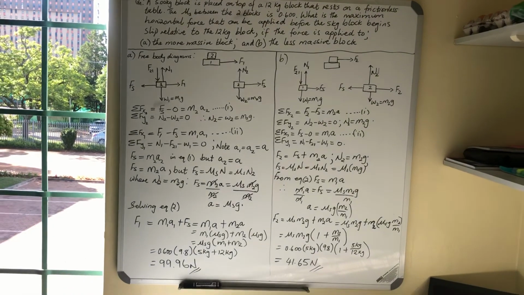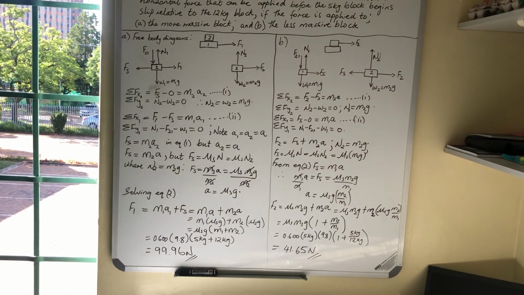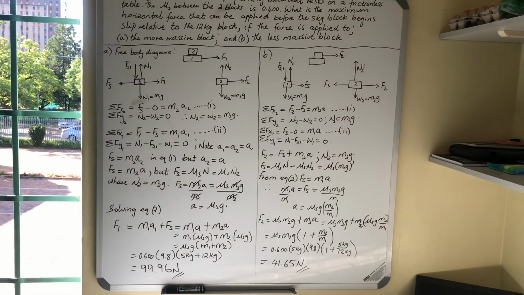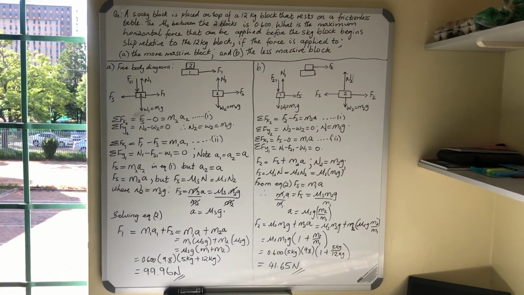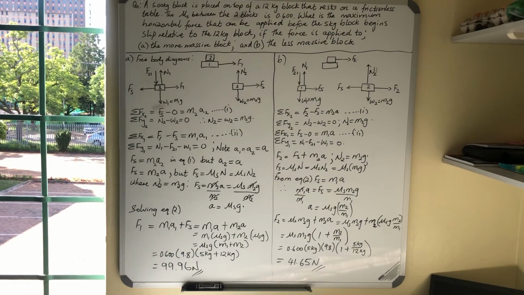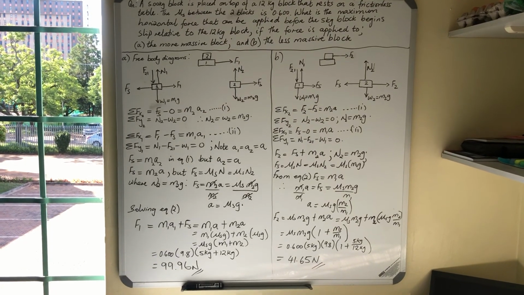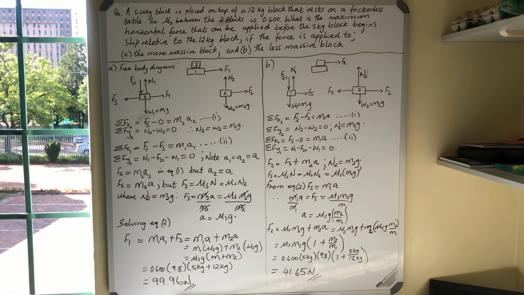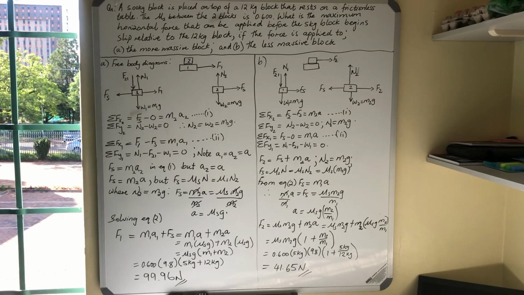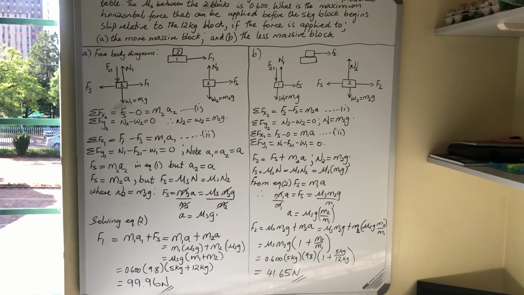But I hope you have gotten the idea. I hope you have gotten a clear picture of what's happening here. All the trick is hidden in the free body diagrams. If you look at the free body diagrams very carefully, this question can be very easy for you.